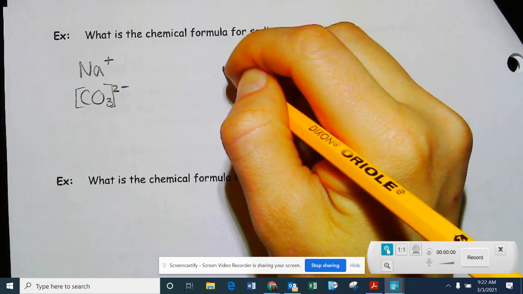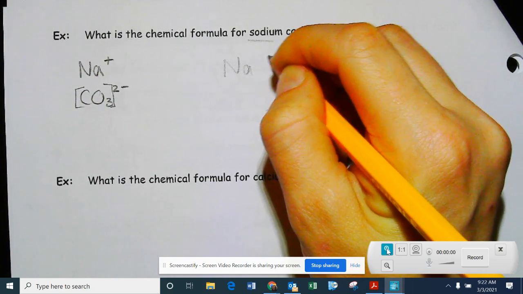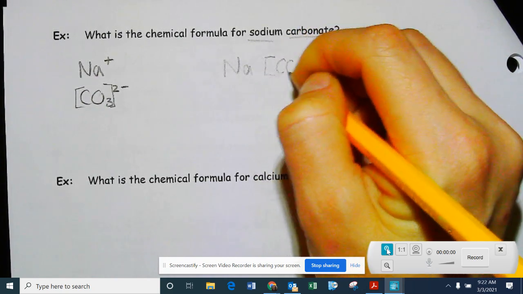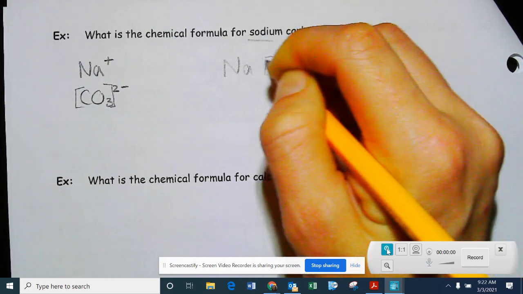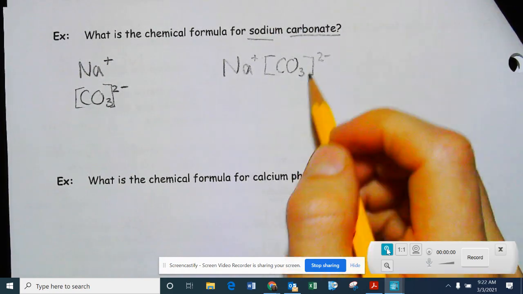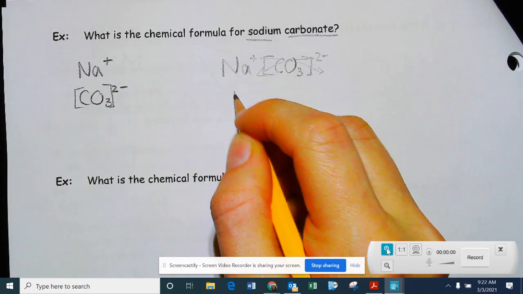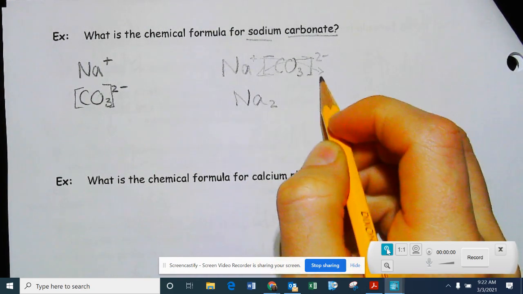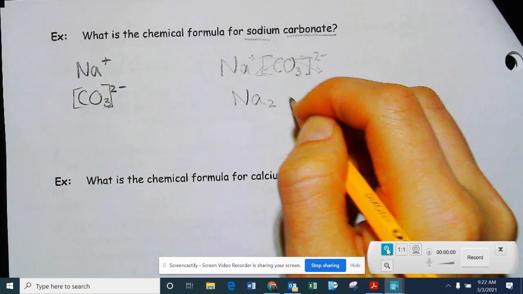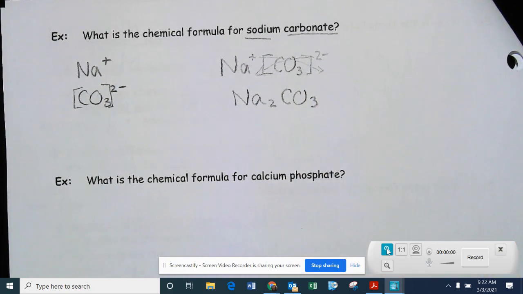You can still do the crisscross method here. Generally I put my polyatomic in little brackets when I'm setting this up. Then I crisscross, and my sodium is getting a 2. For my carbonate, there's only going to be one of them, so I just take it out of the brackets and put CO3.